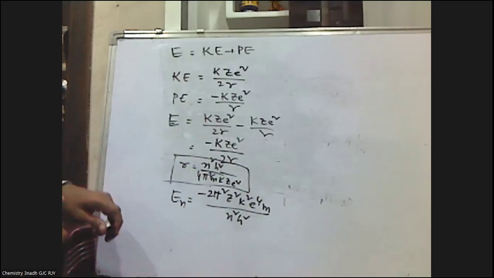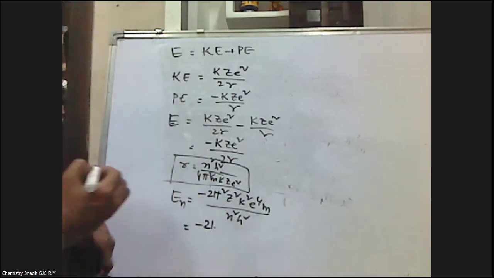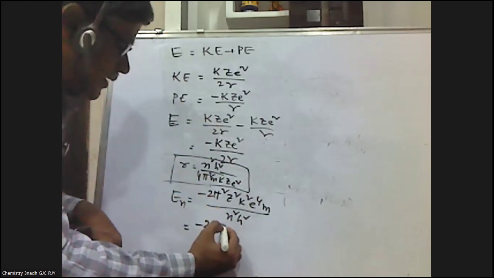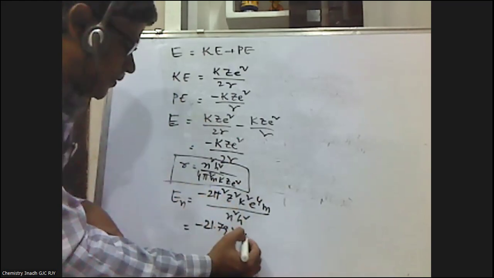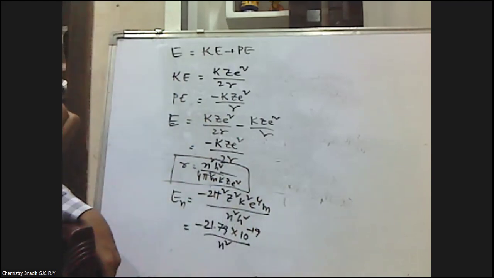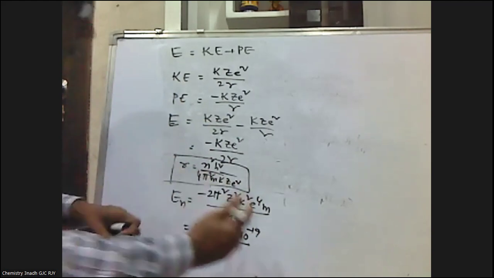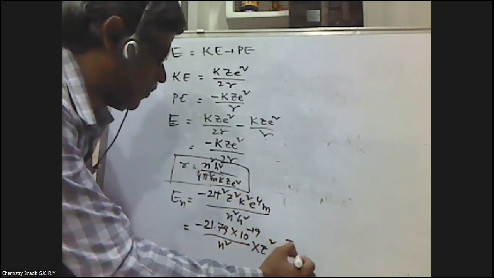Minus 21.79 into 10 to the power of minus 19 by n square into Z square. So this is joule per atom.